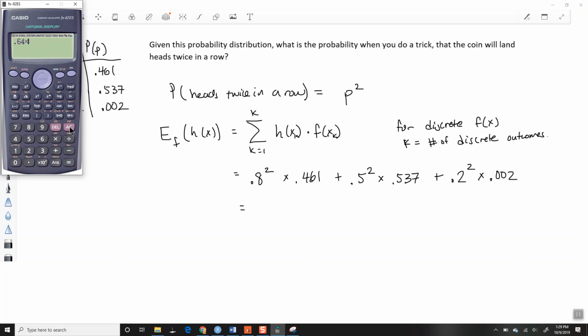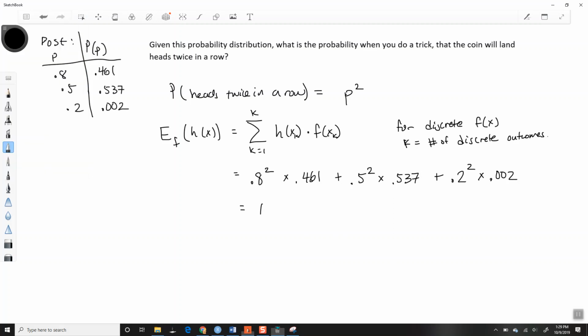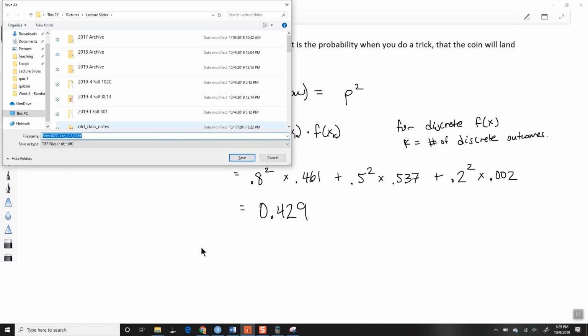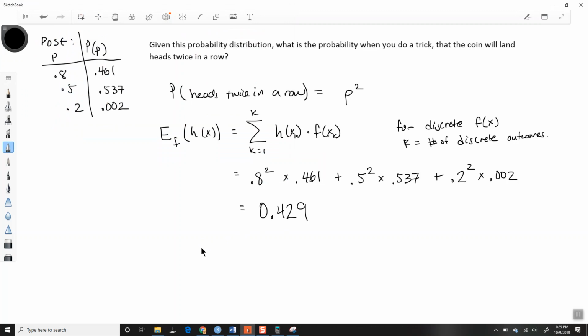Okay, so 0.64 times 0.461 plus 0.25 times 0.537 plus 0.04 times 0.002. All right, 0.42937. Okay. And that's that. So this is simple enough that we can do it analytically, and this will give us our exact Bayesian answer, all right?